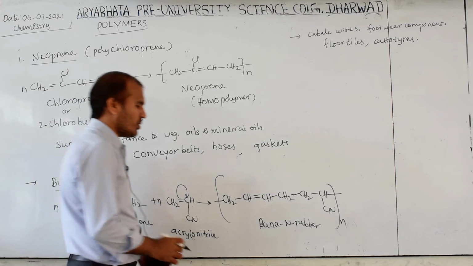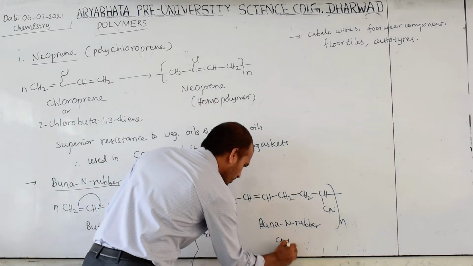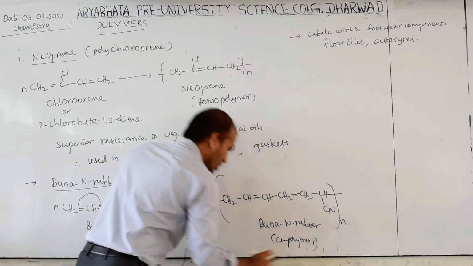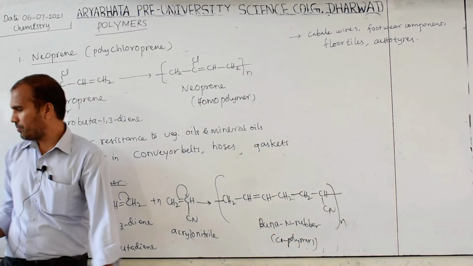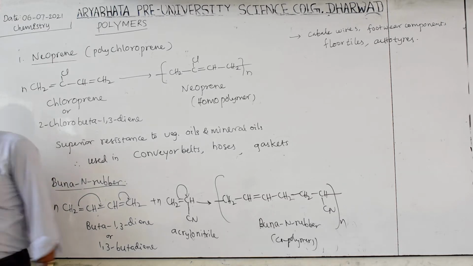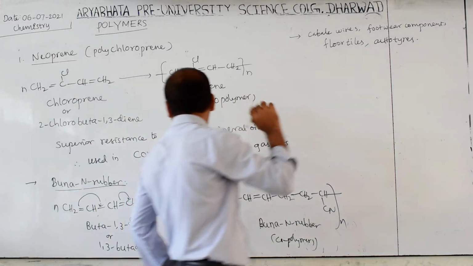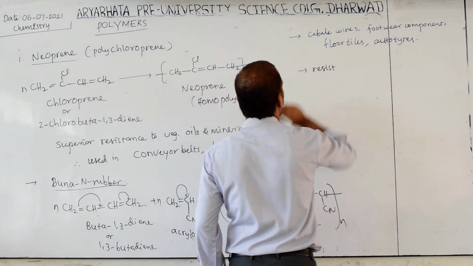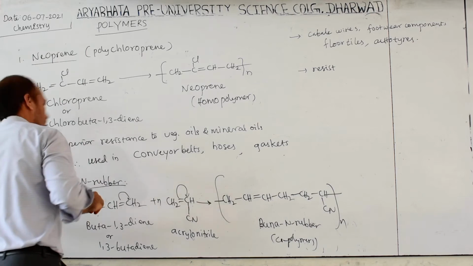Okay. So this is which one? Copolymer. This copolymer is resistant to the action of petrol, lubricating oil, and organic solvents, used in making oil seals and tank lining.